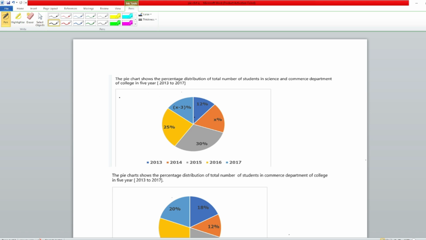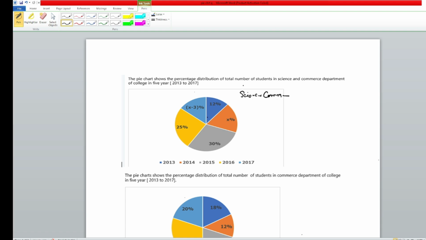This pie chart is about science plus commerce students, and here we can see that two unknown percentages are given in terms of x, and we know that the total percentage adds up to 100.